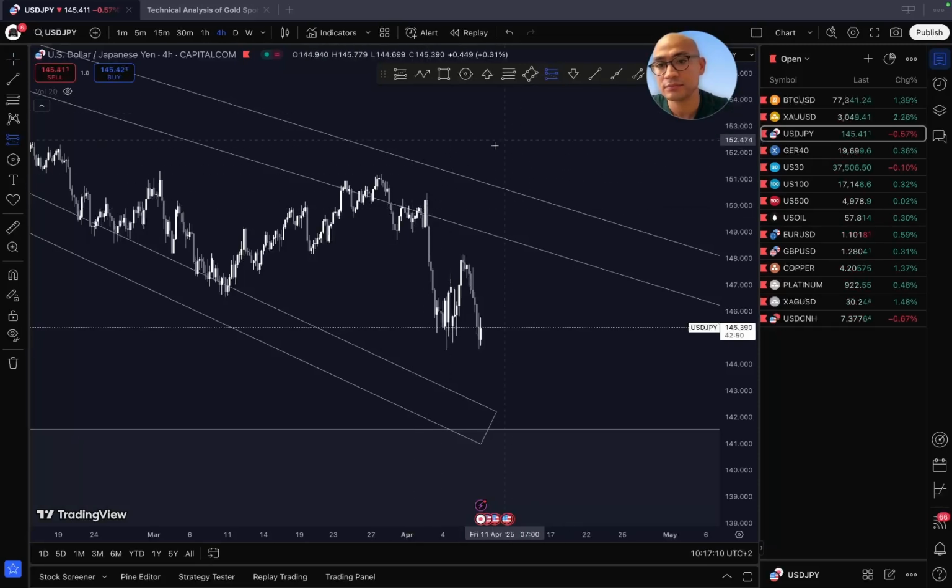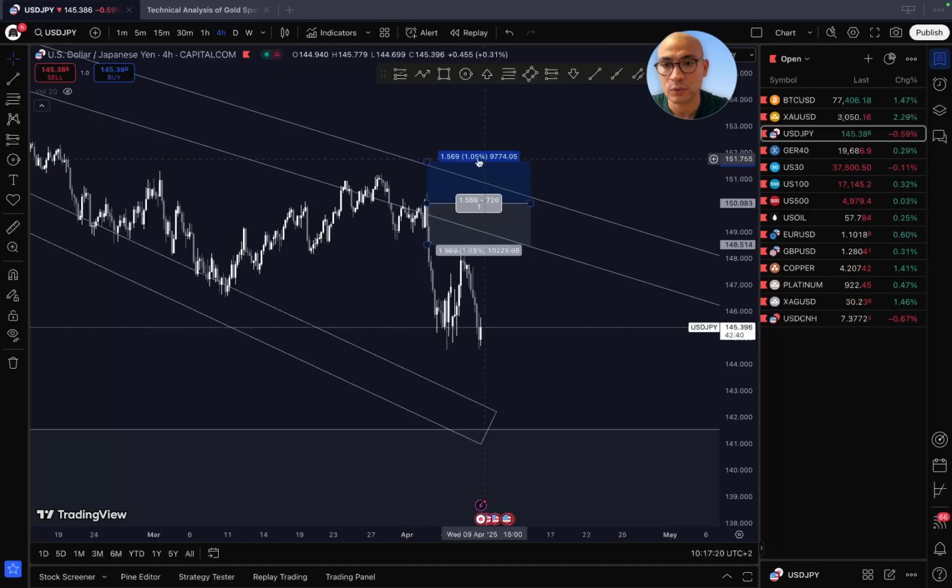Let's take our sell position, right? And I entered over there. I entered at about, I think it was 150. Yeah, 150 on the dot. Okay. With my stop loss just like 5-6 pips above the previous high.